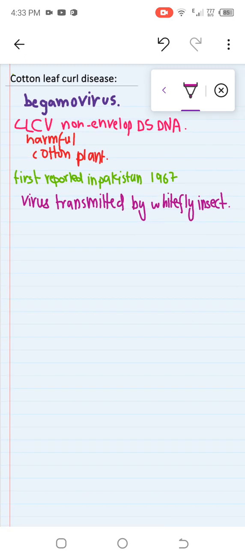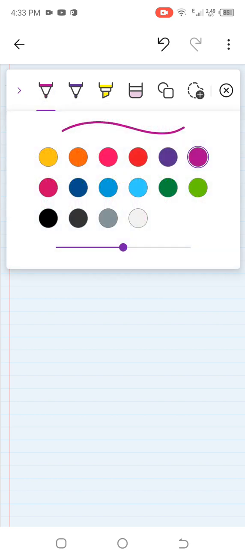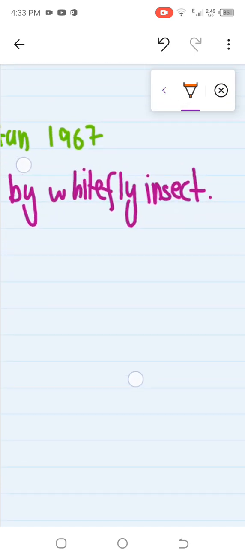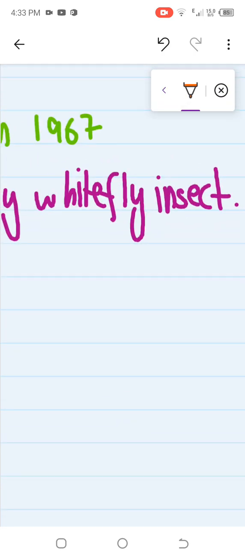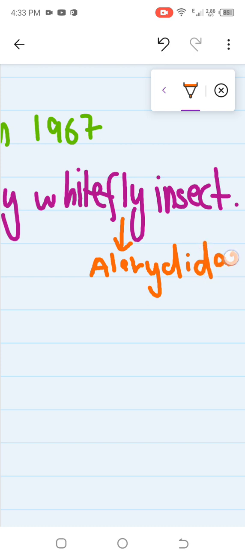Okay, and if I talk about the family or order of this whitefly, the family is Aleyrodidae.